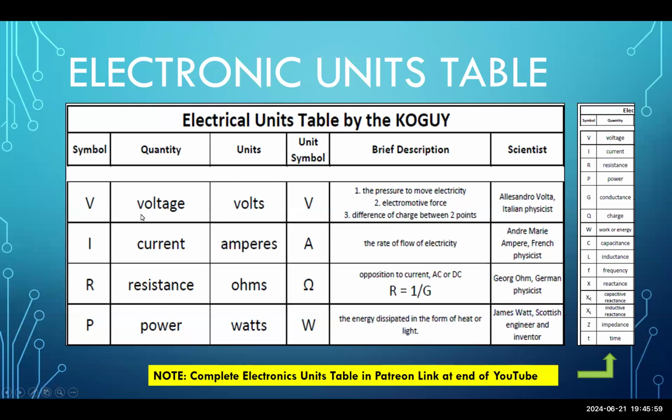And so V for voltage, I for current, R for resistance, P for power, but the units are very unique. The voltage units are called volts. The current units are called amperes or amps, symbol A. Resistance units are measured in units of ohms, shown by the omega symbol, and the units for power are shown in watts, with the capital W, given to us by James Watt, a Scottish engineer.